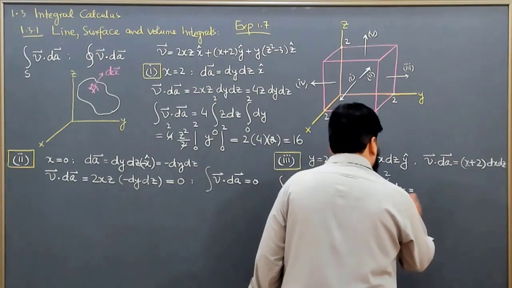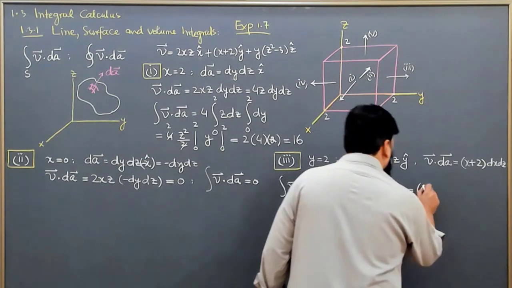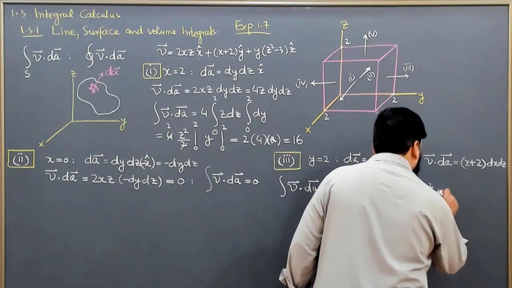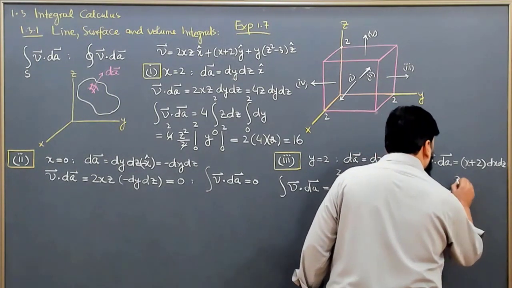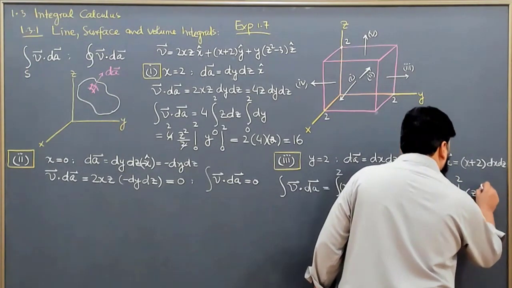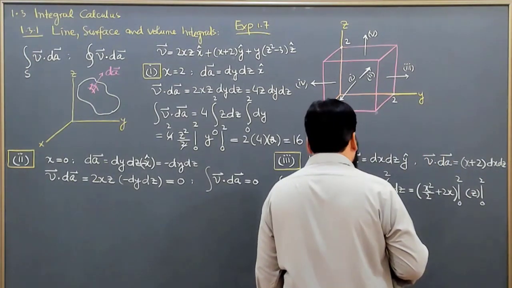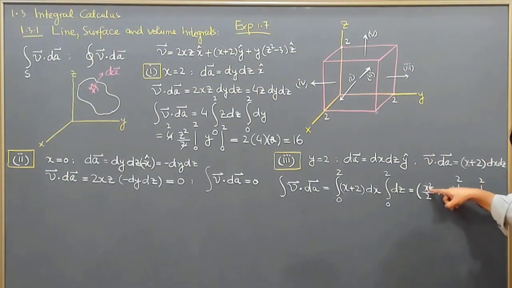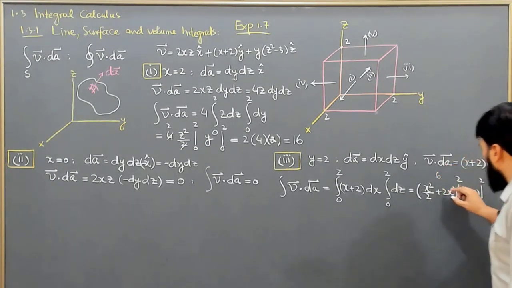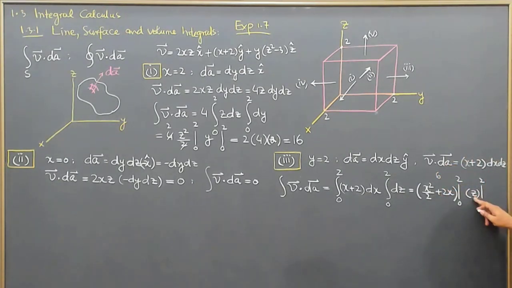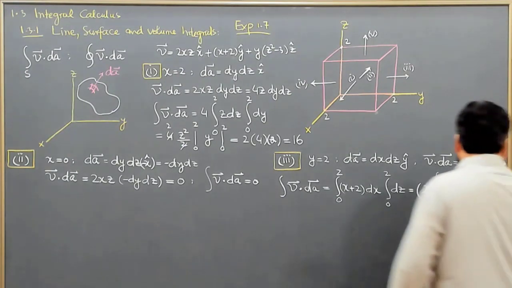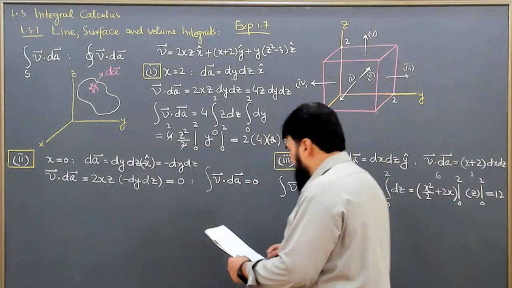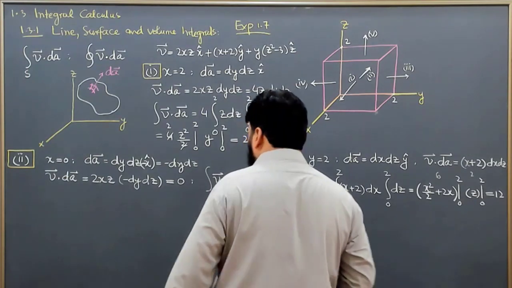Now this is the integral of x square by 2 plus 2x, with limits from 0 to 2, multiplied by z with limits from 0 to 2. Let me calculate it directly. This becomes 4 by 2, so 2 plus 2 into 2, which is 4. So 2 plus 4 comes out to be 6 here, and 0 of course gives 0, and here it comes 2, so 6 into 2 comes out to be 12 here.